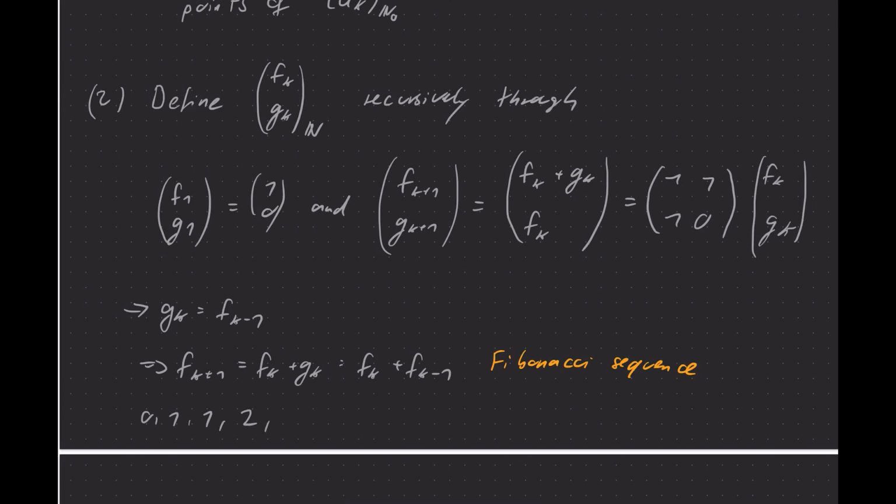Then we sum up 1 and 2, that is 3. Then 2 and 3, that is 5. Then 3 and 5, that is 8. Then 5 and 8, this is 13. And you can see the sequence is now starting to grow more and more rapidly. So this is an unbounded sequence, and of course it does not converge, it goes to infinity.